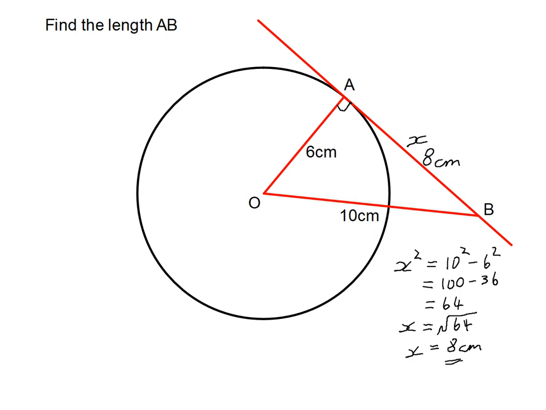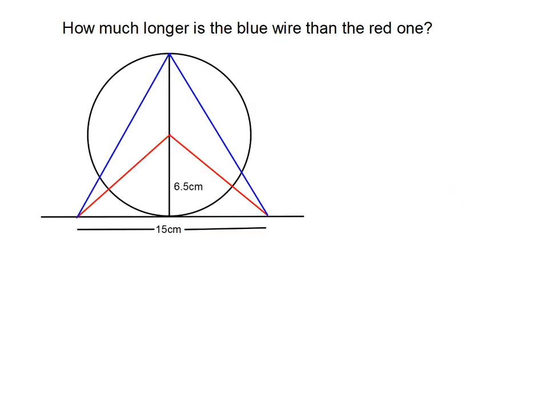Okay. Now here's one that looks a little bit more complicated. There's a bit more going on in this diagram. It's symmetrical around the diameter up the middle here. The length of this radius is 6.5 centimetres. And then we have a tangent along the bottom.